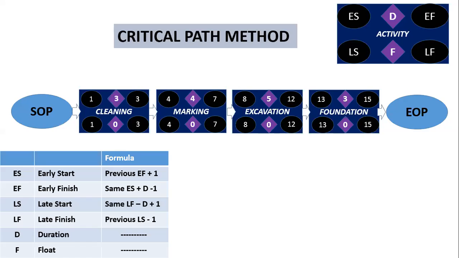I hope everyone understood this. This is a simple task because see, now we have the last rhombus, that is F, called float. What is this float? This is the slack of an activity, that is, flexibility in the activity.